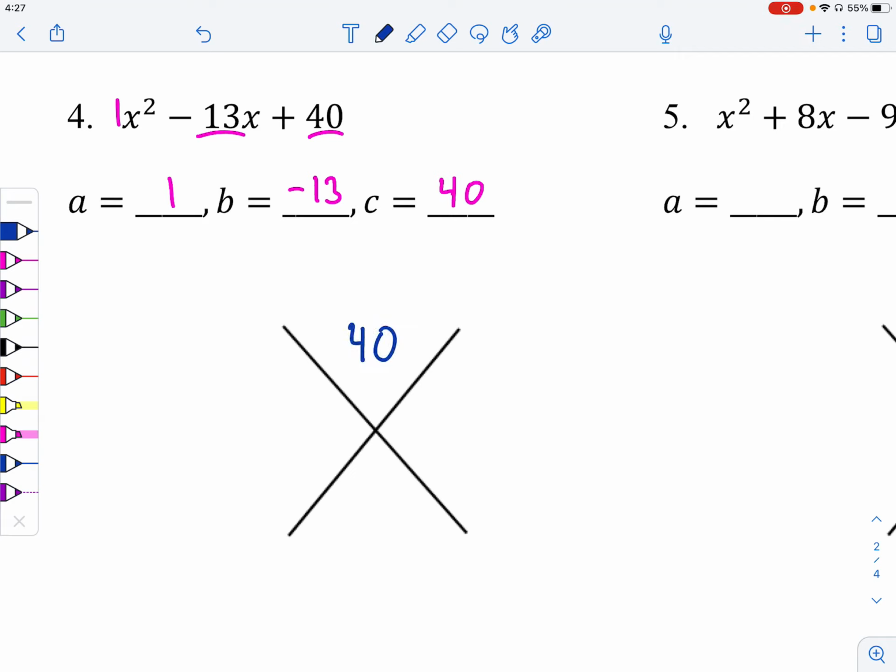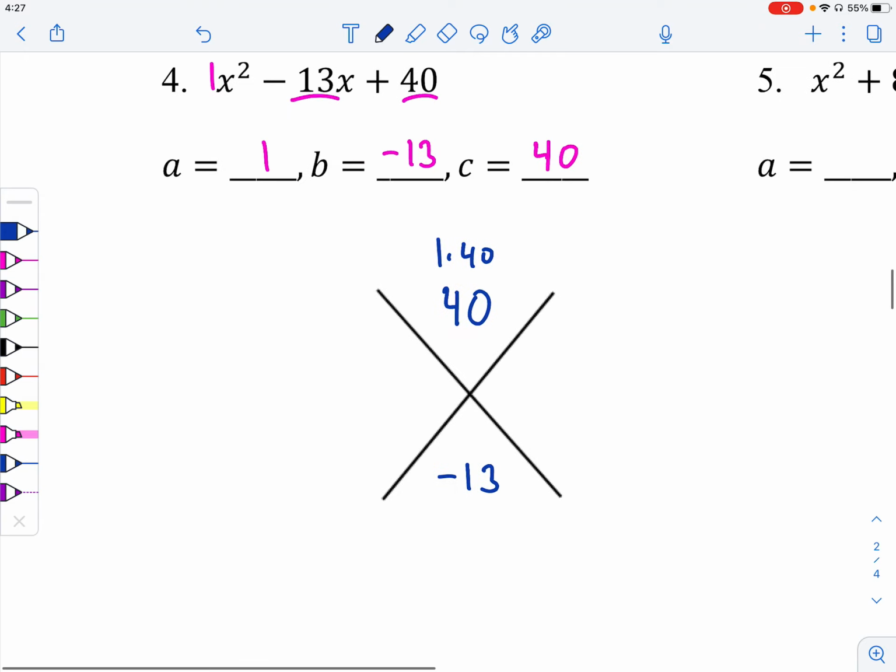Our B goes on the bottom, negative 13. Let's write that out. So 1 times 40 on the top, 40, then we get negative 13. Then we find factors of 40.